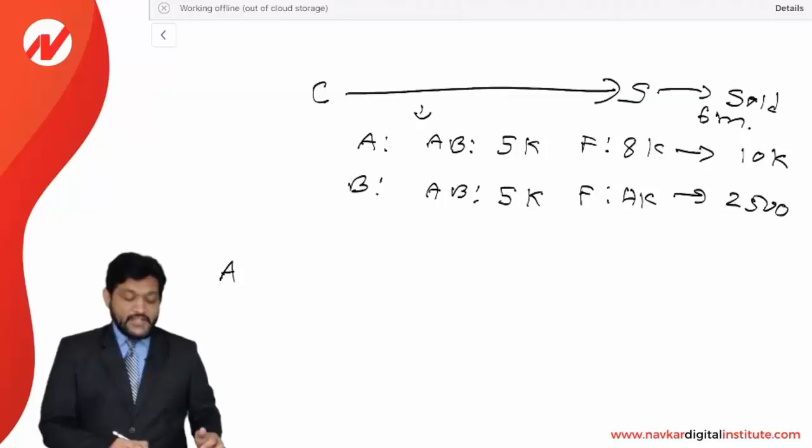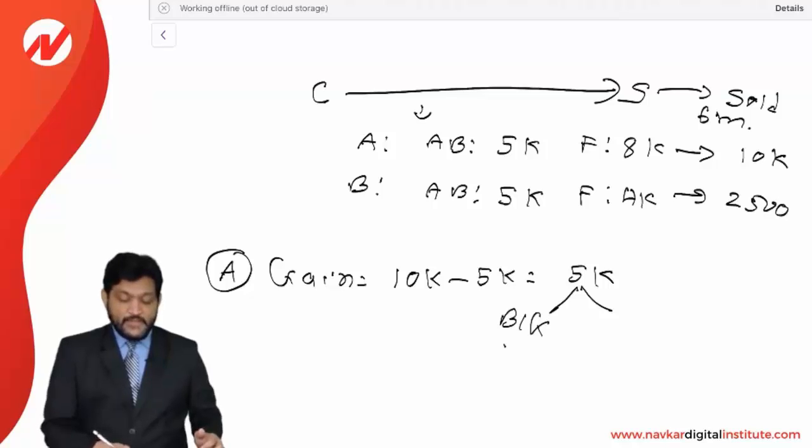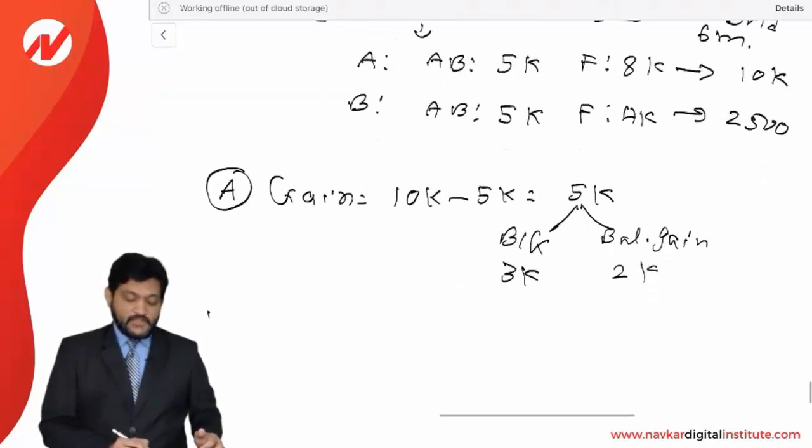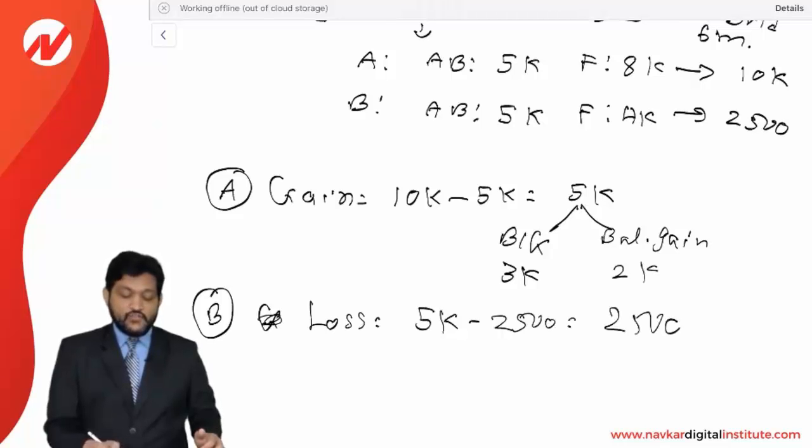On property A, total gain is 10,000 selling price minus 5,000 AB, equal to 5,000. There is a built-in gain of 8 minus 5, 3,000, and the balance gain will be 2,000. Second, property B. On B property, there is a loss: AB 5,000 less selling price 2,500, so 2,500 is a loss.